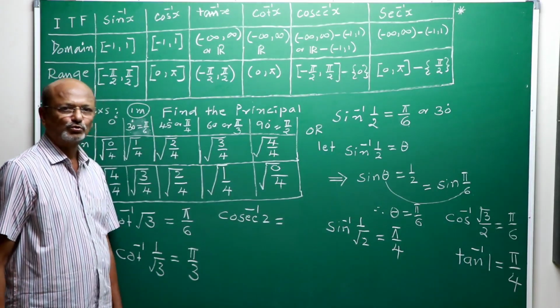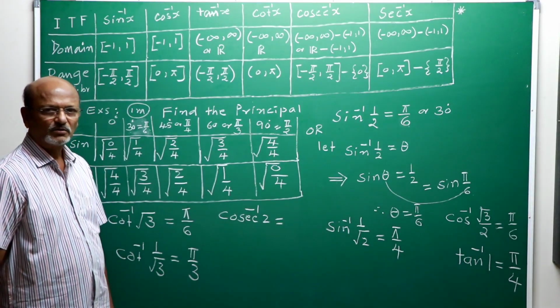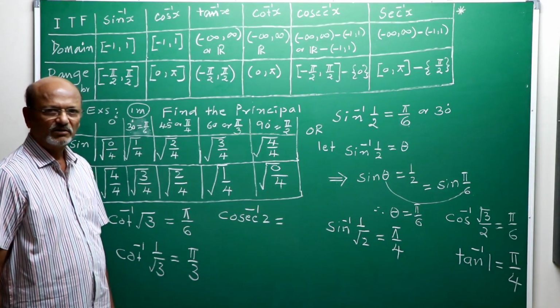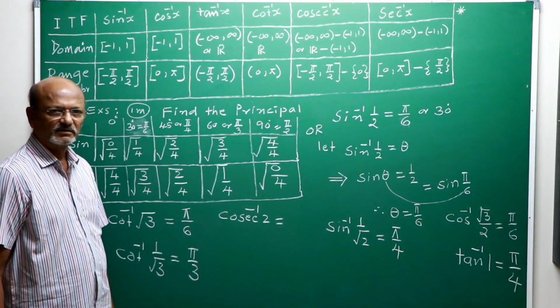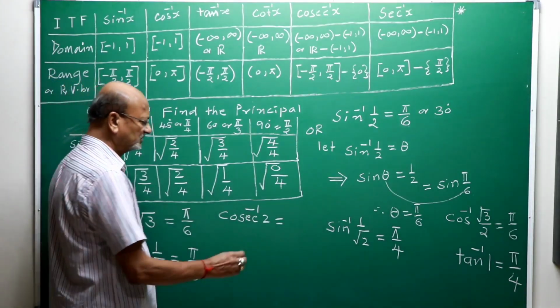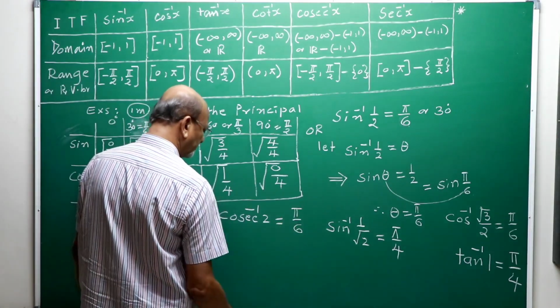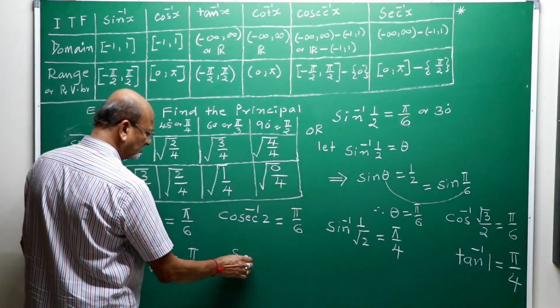Cosec inverse 2, what is it? Cosec theta is 1 by sine, 1 by 2. What is the respective angle? 30 degrees, pi by 6 radians.